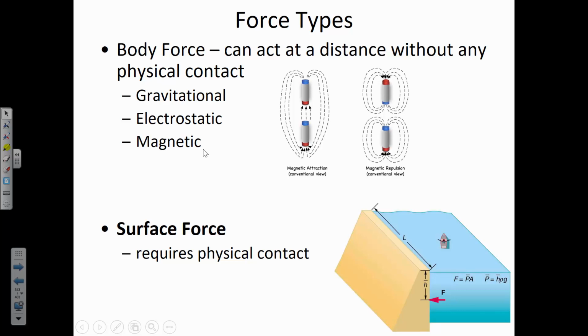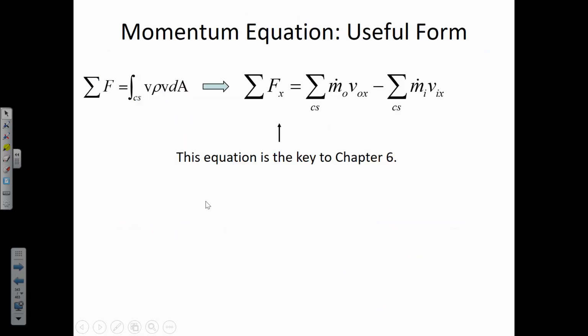So for instance, the hydrostatic force of water acting on a dam is a surface force. And another surface force are the momentum forces, where a fluid stream is coming in contact with a stationary body and applying a force to it. That's what we're going to be talking about with this sum of the forces in the equation.